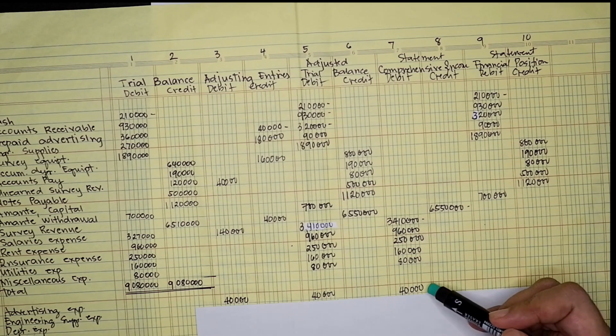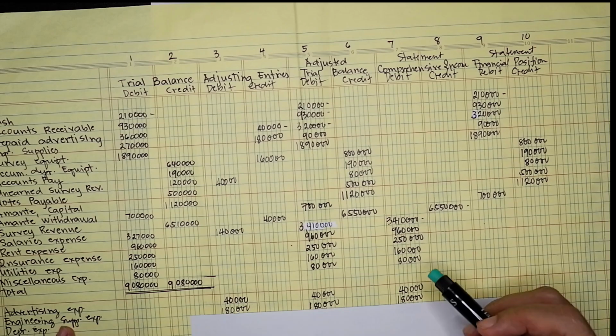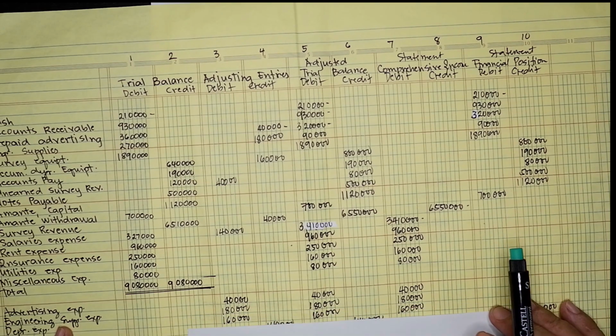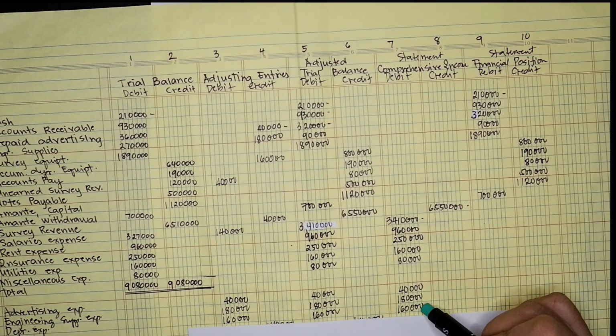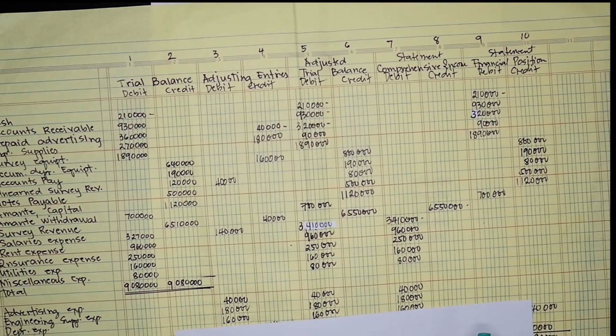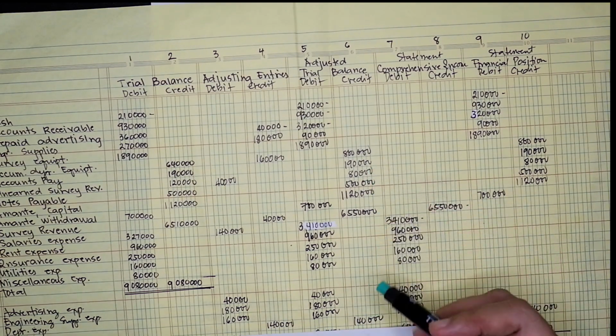Again, you have 40,000 debit. You have engineering supplies expense of 180,000, still a comprehensive income account. Then we have depreciation expense, 160,000 debit, and we have salaries payable of 140,000.